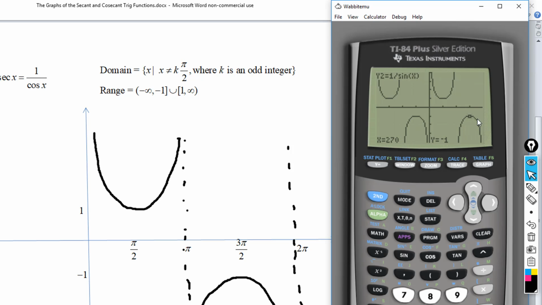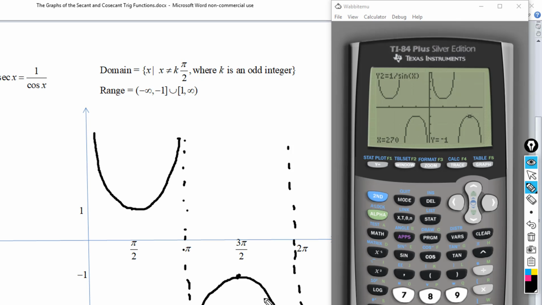Okay, so at 270, that corresponds to 3 pi over 2 in this chart that I have with this graph. It goes down to -1. So this right here is the point 3 pi over 2 and -1, and of course this one over here is the point pi over 2 and 1.